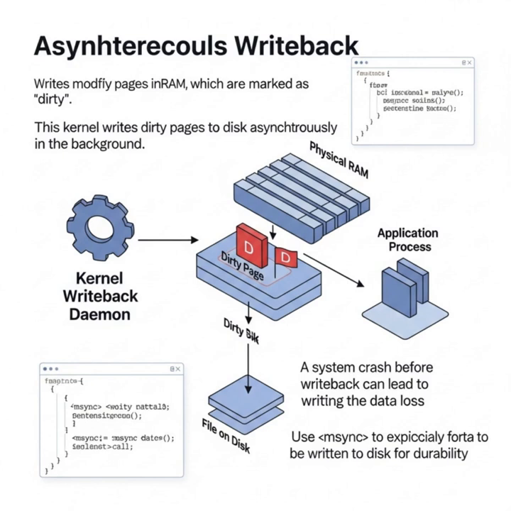That would defeat the entire performance benefit of mmap. Instead, the kernel uses background processes, often called writeback daemons or flusher threads, to handle this asynchronously. These kernel threads periodically scan for dirty pages. They gather them up and write them back to the underlying storage device in an optimized, sequential manner.